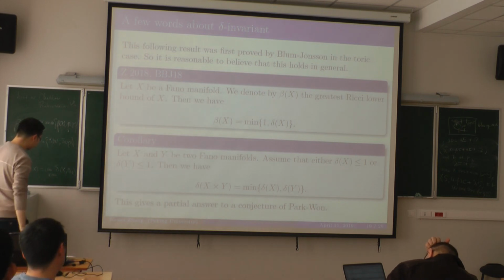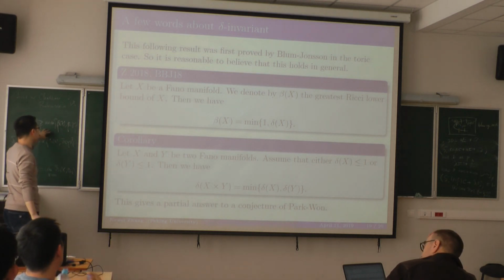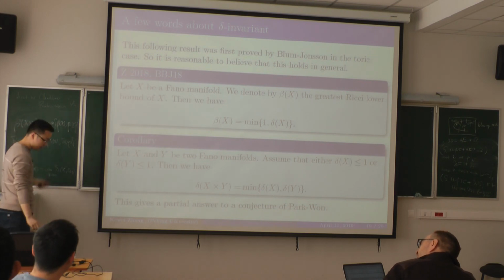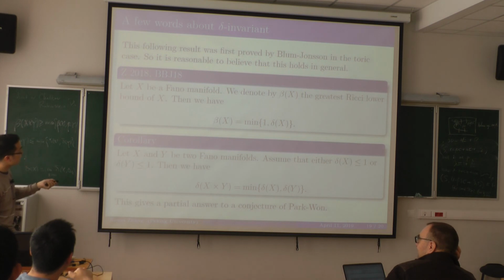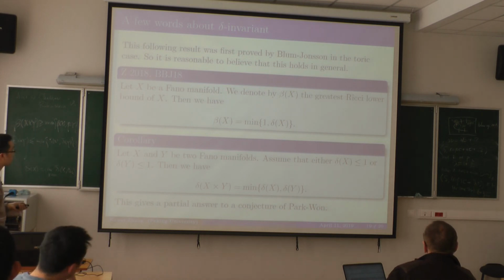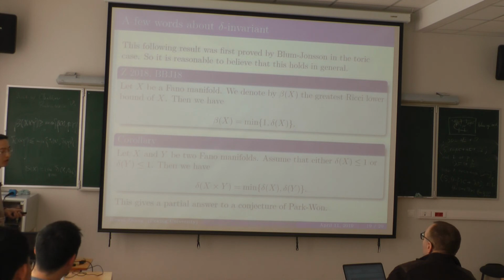Yeah, so this is clear from an analytical point of view, but this is also clear from an algebraic point of view. If we combine these two things and use this relation, we can show this very easily. But for the general case, suppose the delta of X and Y are both bigger than 1, then it is still unclear how to show.